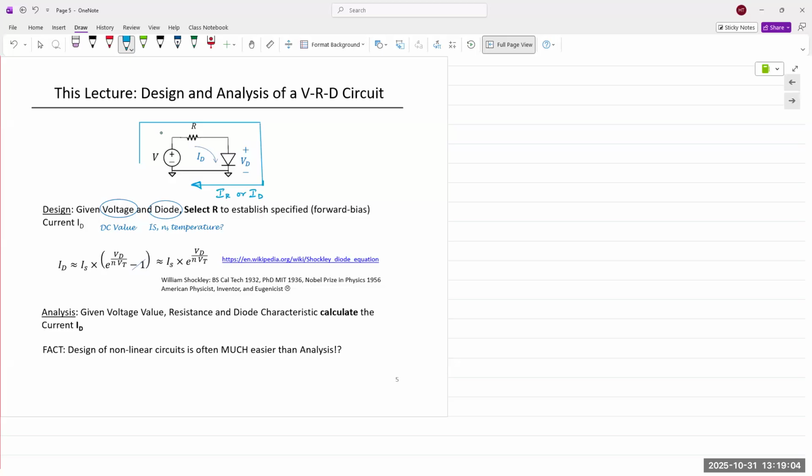Now, at this point, let me introduce what is known as the diode equation. We talk a little bit about that. The first semiconductor device that was created and presented was the solid state transistor.